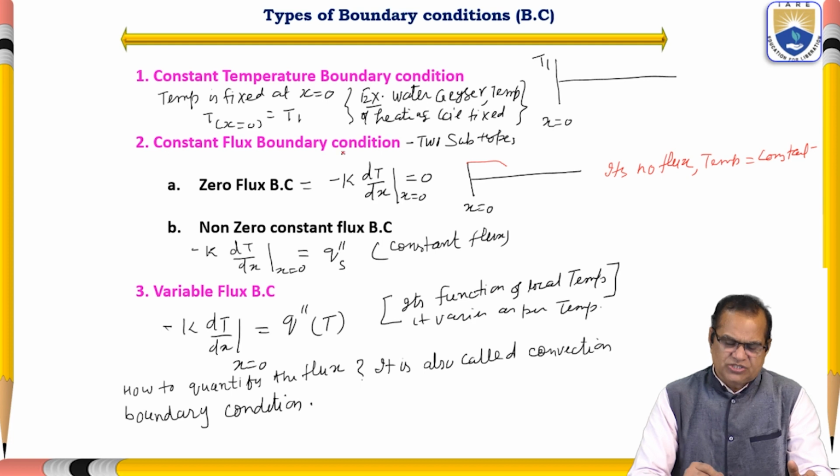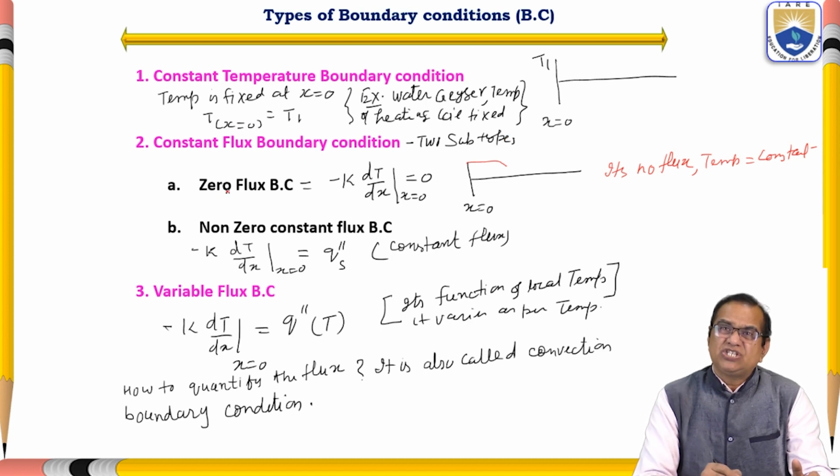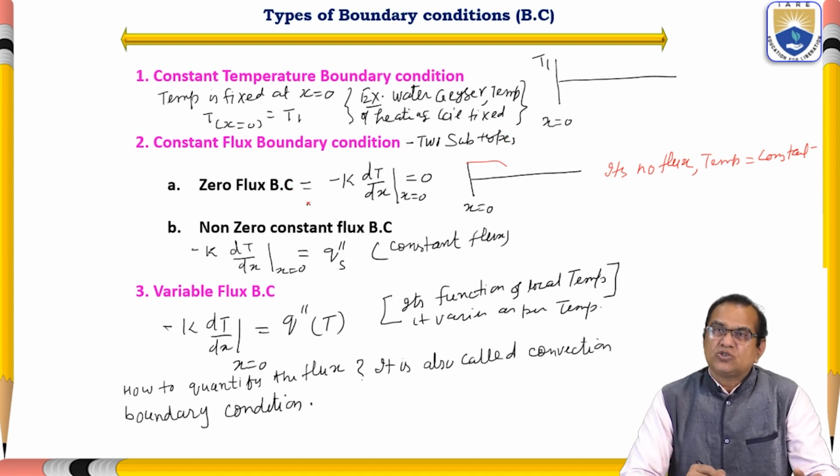Next is the constant flux boundary condition. In this we have two subcategories. One is the zero flux boundary condition. When we talk about the flux, we know that minus k dT by dx at x is equal to 0 is equal to a constant.